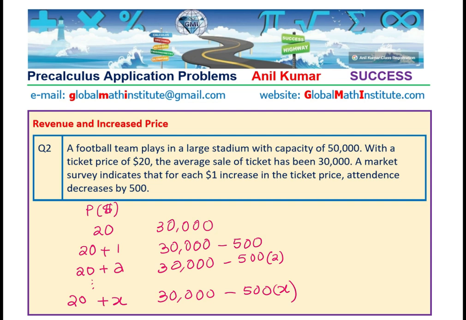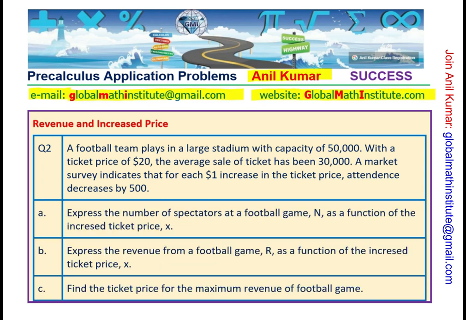Does that make sense? So this actually gives us the relation between revenue, which is the product of the number of spectators and the cost of the ticket. I hope with this concept you can answer the question, which is, express the number of spectators at a football game N as a function of increased ticket price.